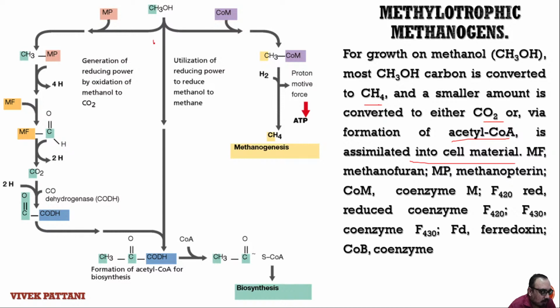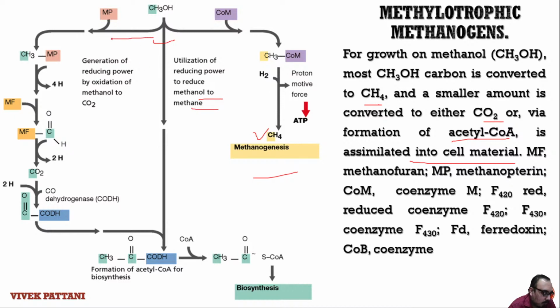Now here is the case where methanol will be transferred to coenzyme M, and from this coenzyme M, methane will be formed, and this process is methanogenesis. The reducing power is being utilized to convert methanol to methane.